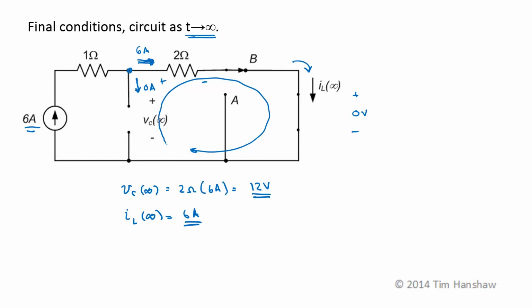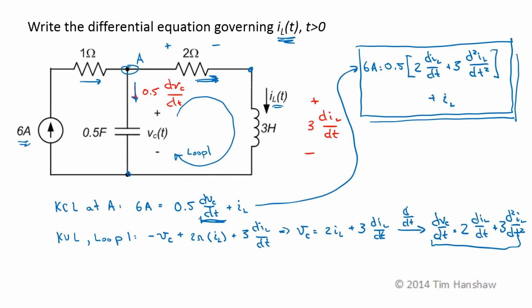Now we can also use our final conditions to check our original differential equations. Let's go back and do that now. First, let's take a look at this equation. As t goes to infinity, again, the forcing function's a constant, so the derivatives go to 0. So 6 amps is equal to 0.5 times 0 plus I sub L. So I sub L of infinity is 6 amps, which agrees with our previous result.